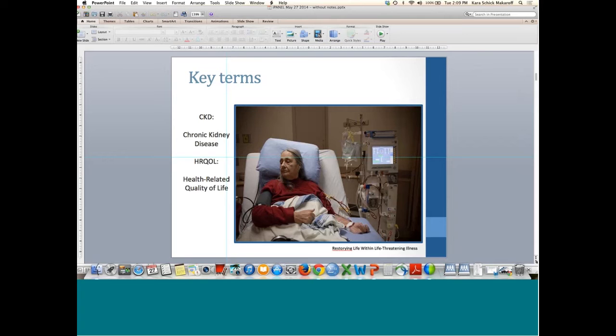And kidney disease is ranked as the 10th cause of all deaths in Canada. So we don't often think about this illness in these terms. This is one of the things that's kind of behind the scenes and undiscussed, even within the renal community, but it certainly is life-limiting. And even for those that have a life-limiting illness such as kidney disease, of course, everyone has the right to dignity.